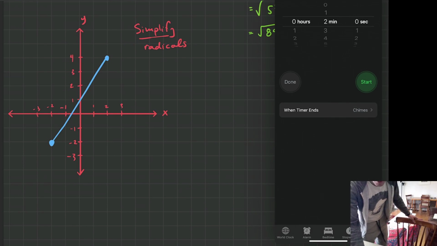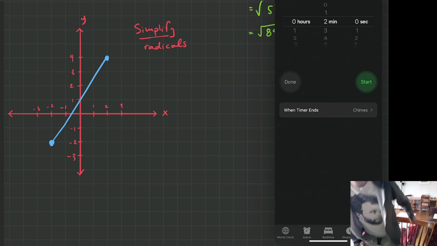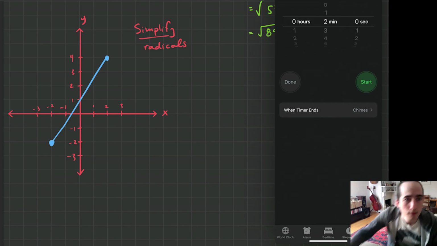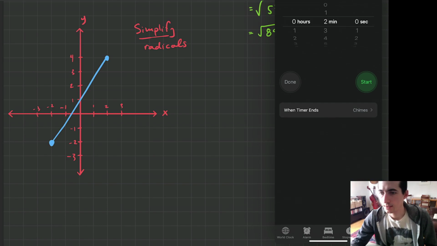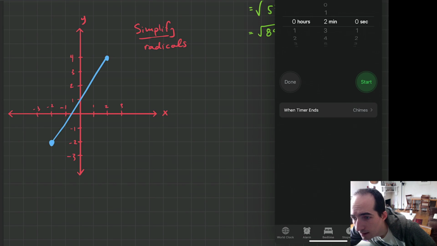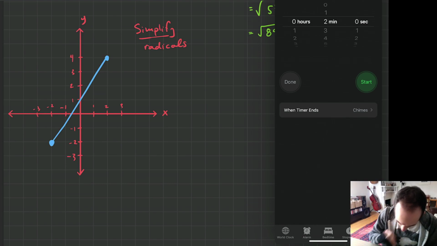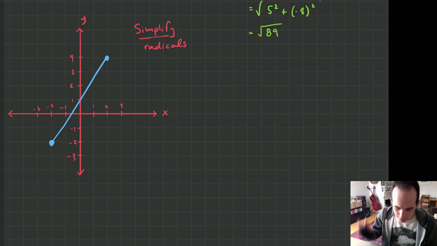Okay, it looks like time's up. Oh, it looks like someone already got the answer. Okay. So let's go ahead and solve this one. So I'm going to just use the formula.